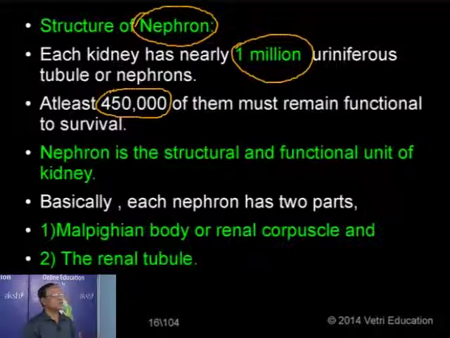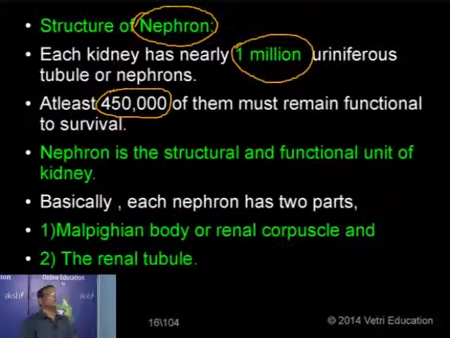That's why normally one healthy kidney is enough to lead a normal life. Even within the kidney, if 50% of the nephrons are working, then the person can survive without any problem. So out of this 1 million nephrons, even in a single kidney, 50% of nephrons should be functional. That is normally enough for a person to lead a normal life.